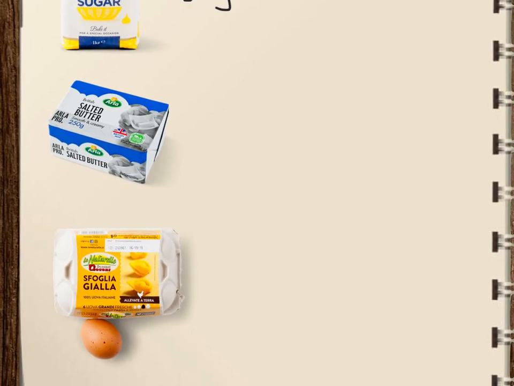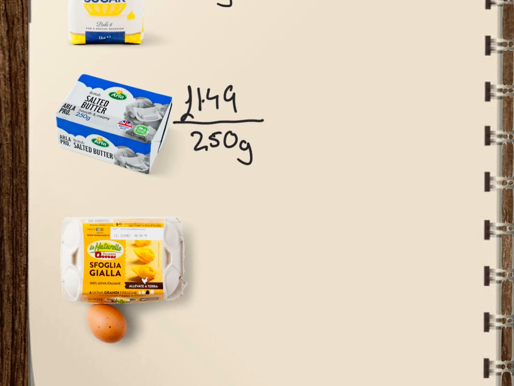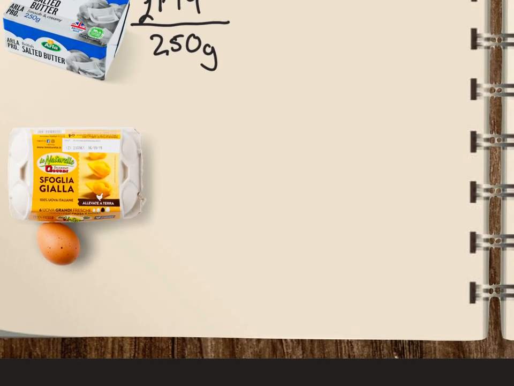Butter costs £1.49 and weighs in at 250 grams. Our eggs cost 79 pence and come in at 6 in a carton.